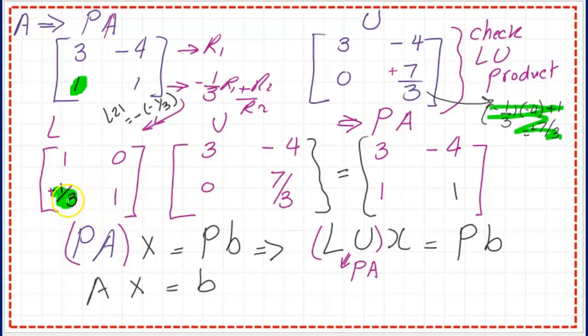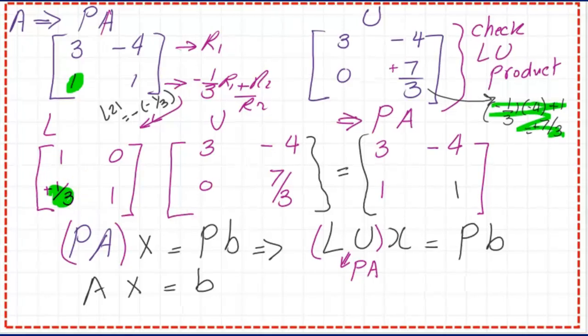So we get L and U. We will multiply the lower matrix L by the upper matrix U. We have 1, 0, 1 over 3, and 1. And for the U matrix, we have 3, minus 4, 0, 7 over 3.